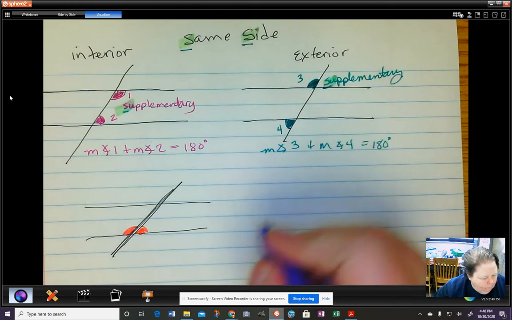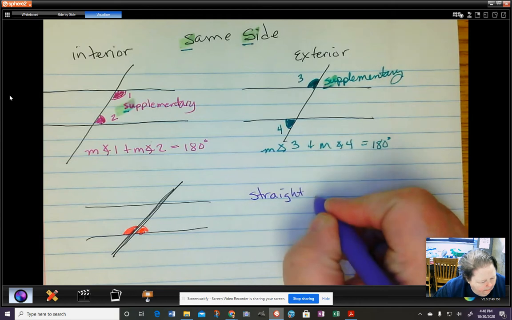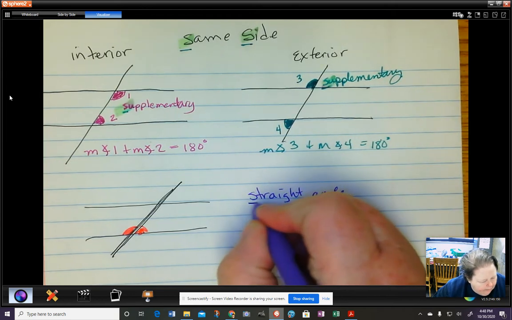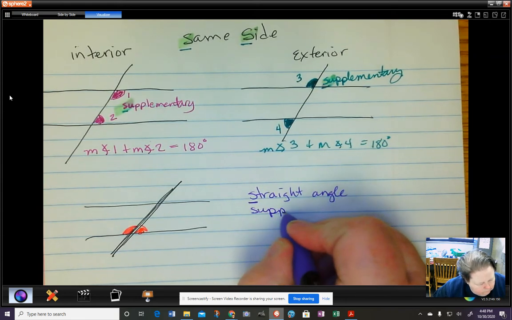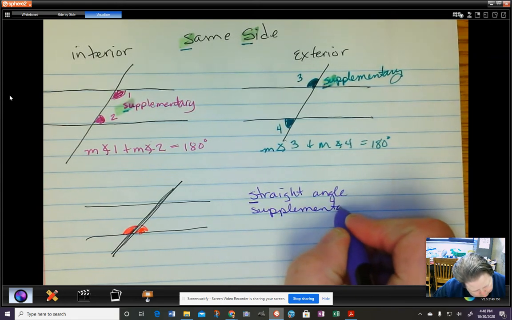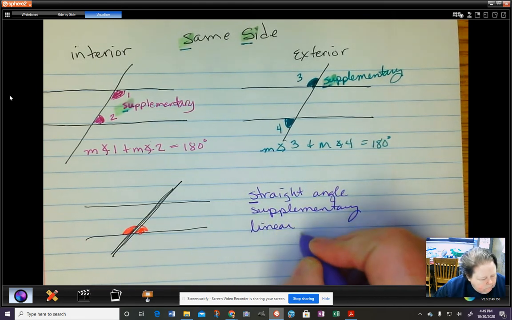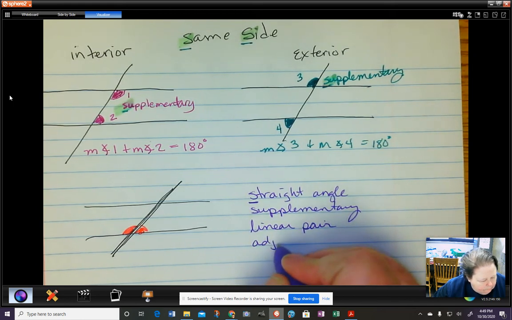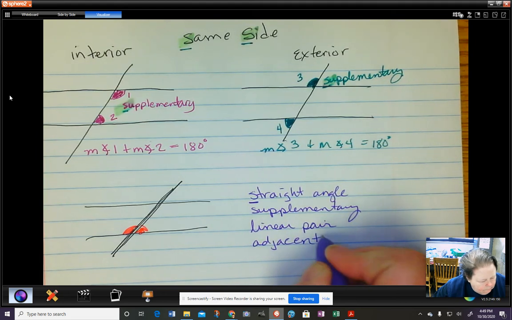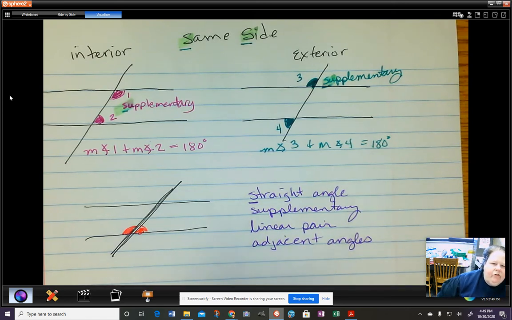These are called 4 different things: straight angle. There's your S again. So S means supplementary. They're also a linear pair. They're also adjacent angles. Adjacent means next to. They're next to each other.